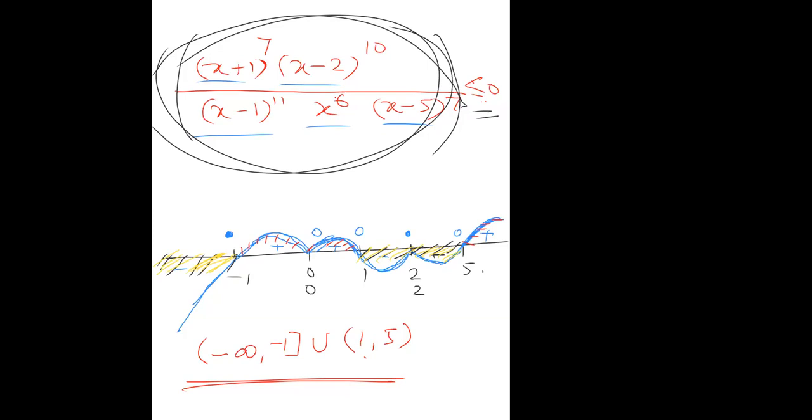Sir, I have a doubt. Yes, please ask. Sir, why have you taken -1 and not... there is x plus 1 and x minus 2, but you have taken 2. x minus 2 is equal to 0, what are you getting? x is equal to 2.